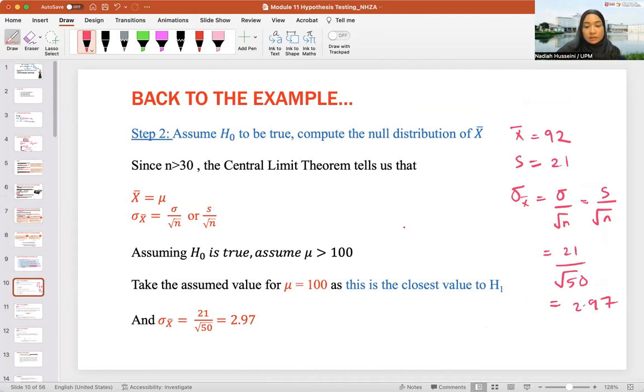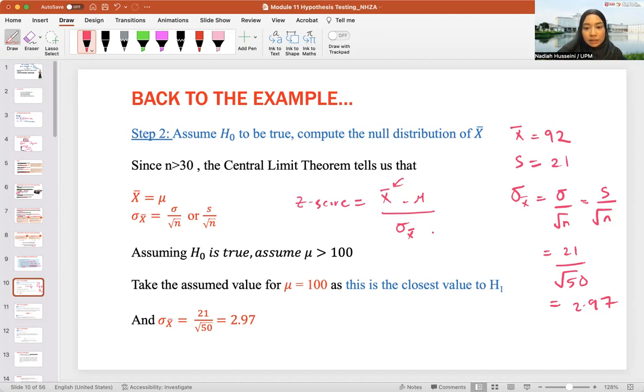And you take the assumed value for mu equals 100, as this is the closest value to H1. Whenever we're talking about the z-score, if you don't remember the equation, it is the sample mean minus the population mean divided by this guy, if I'm not mistaken. Yes, I think so.